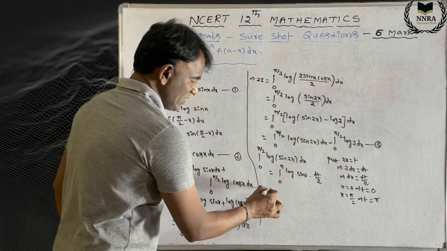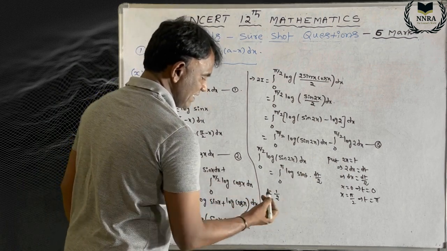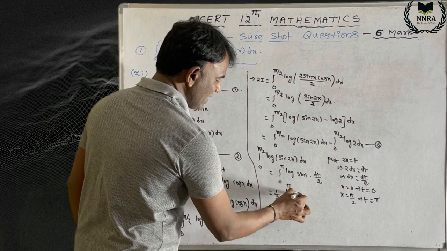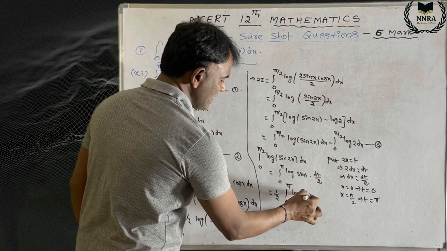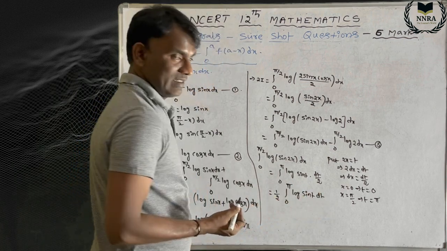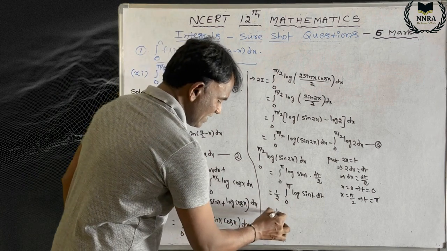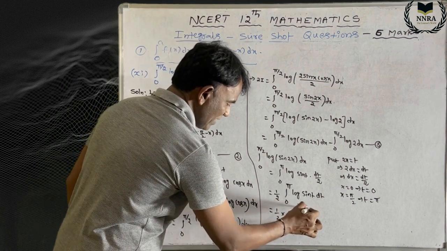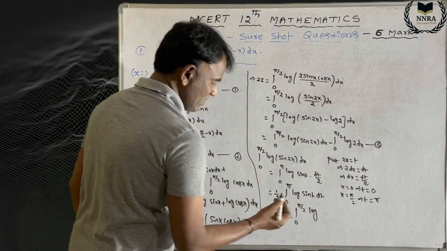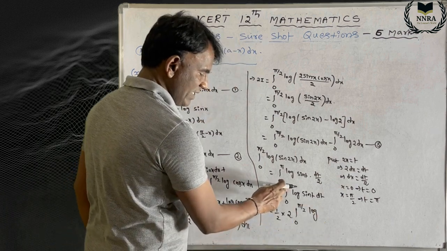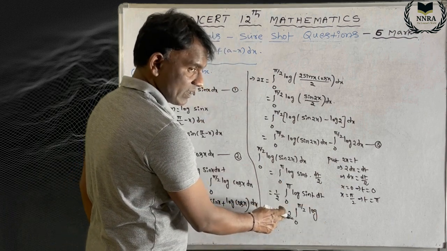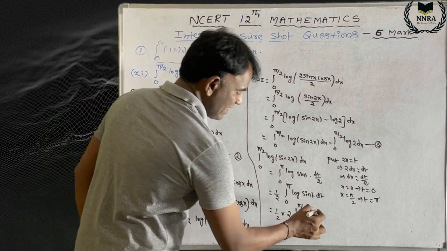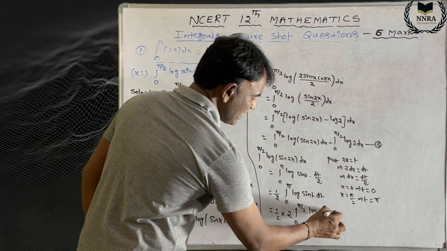So now 1 by 2 is constant, right? And here actually that is integral 0 to pi log of sin t dt. And this can be written as 1 by 2 into integral 0 to pi by 2 log of, so now it is pi, then if we take 2, then we can write half of that value. So then it is log of sin t dt.